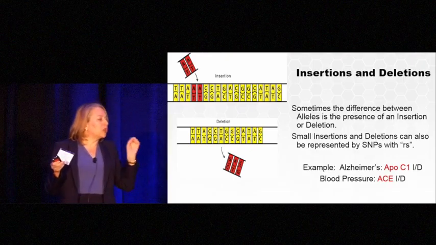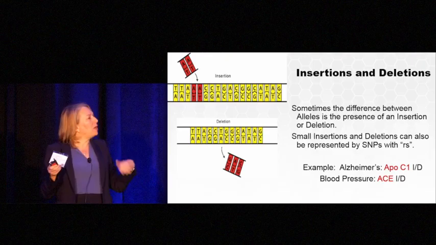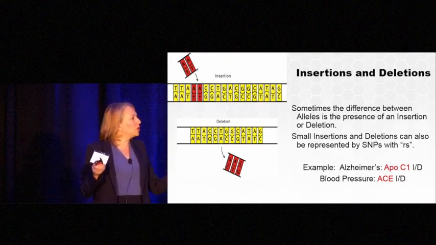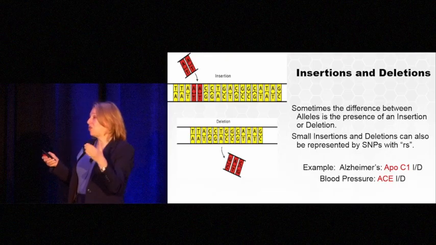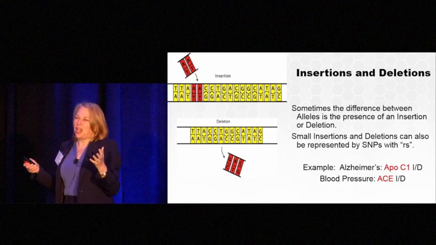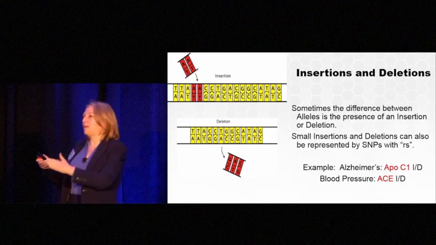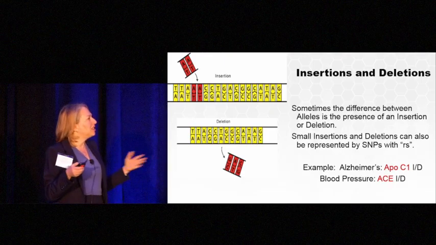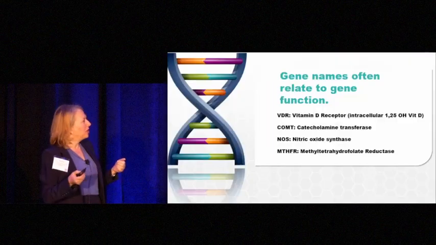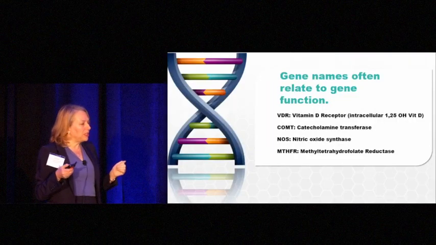These are little 2 or 3 base pair deletions. So in some different genomic interpretation tools, you may see them reported as I's or D's. Now, just to be clear, I and D aren't the opposite. It's the insertion or the absence of an insertion, or a deletion or the absence of a deletion. But it's hard sometimes to figure out how to report things.